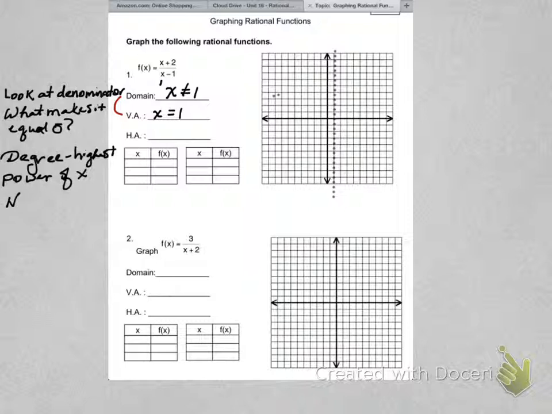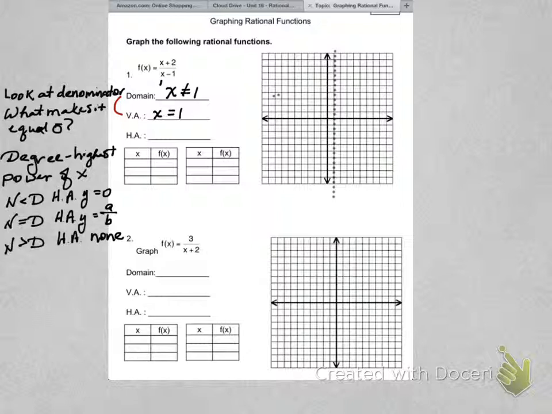If the numerator degree is less than the denominator degree, then the horizontal asymptote will be y equals 0. If the numerator degree is equal to the denominator degree, the horizontal asymptote is going to be y equals a over b, and a and b are the coefficients that are in front of the highest power of x in those polynomials. And if the numerator degree is greater than the denominator degree, then there is no horizontal asymptote. And those are your 3 possible answers for that.